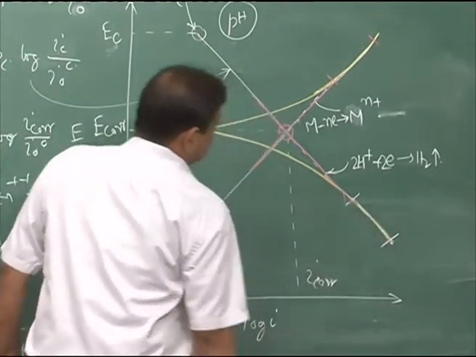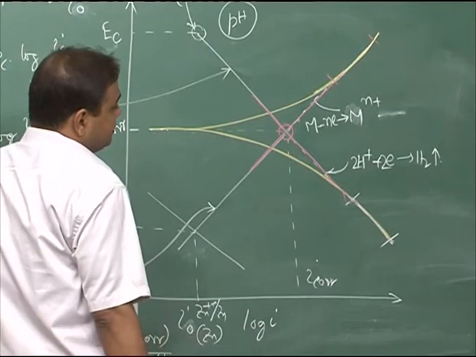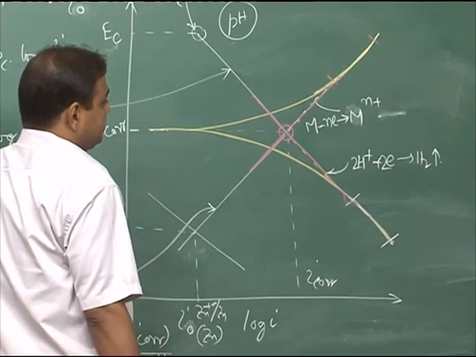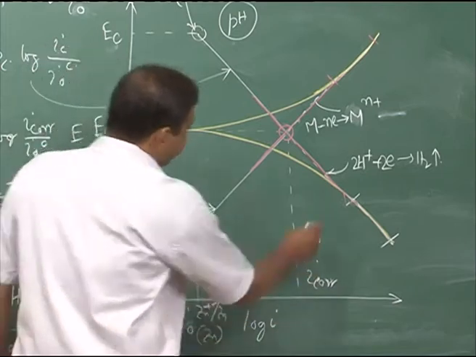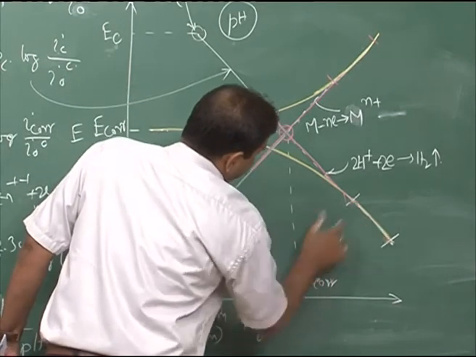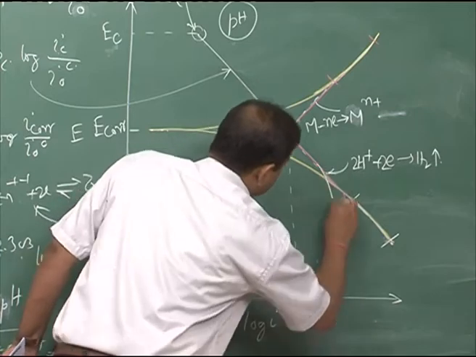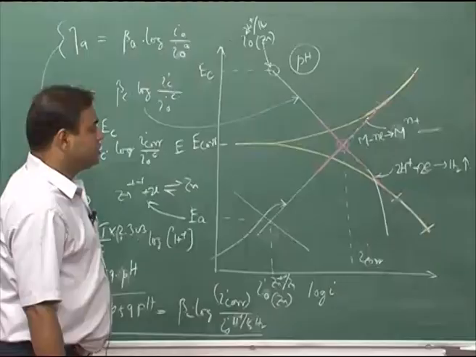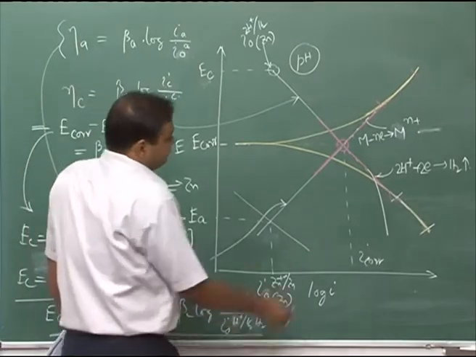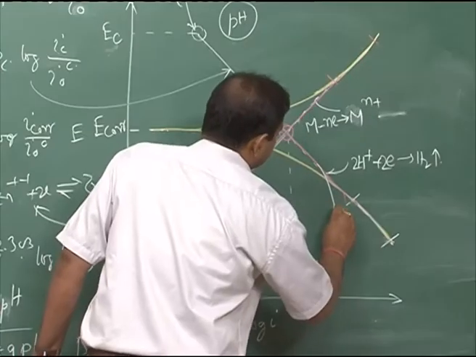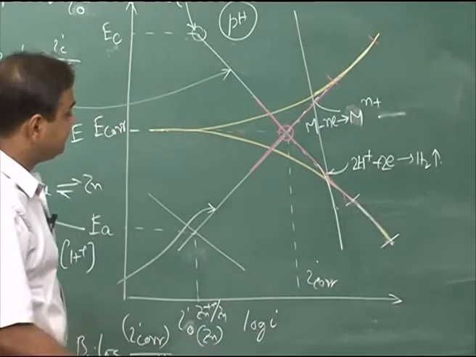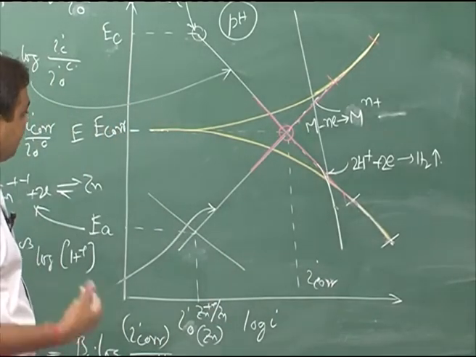But if it is not straight and linear, then we have difficulty, because there could be a possibility of concentration overvoltage. Before reaching this linear part, the curve can bend down and become concentration controlled. So, in that case this is the linear part; if we extend like this, we will not reach this point, and that gives you a wrong result.